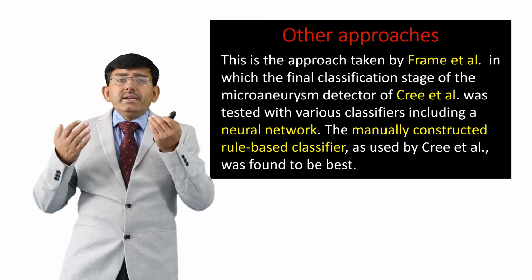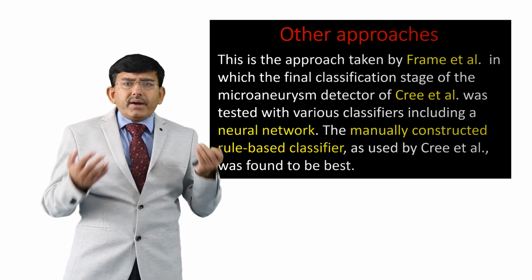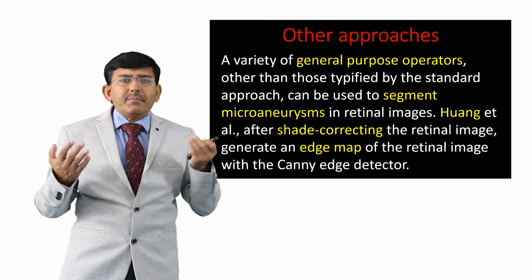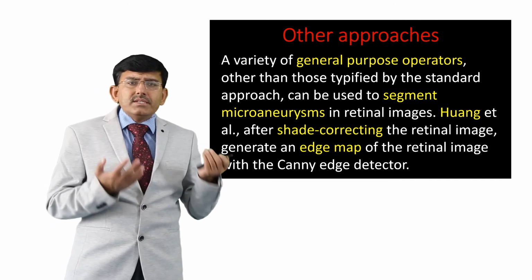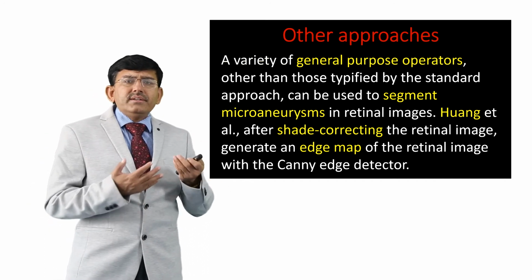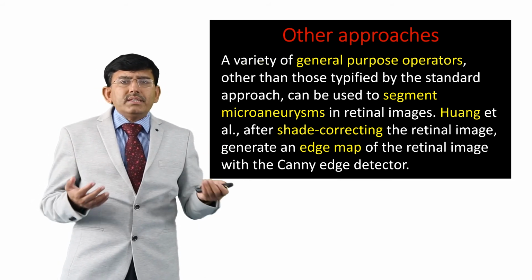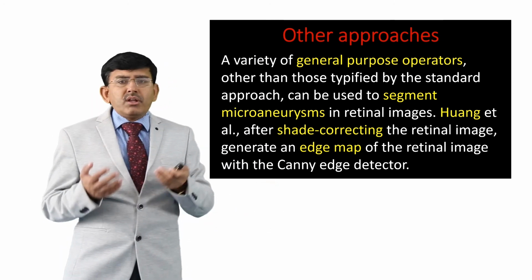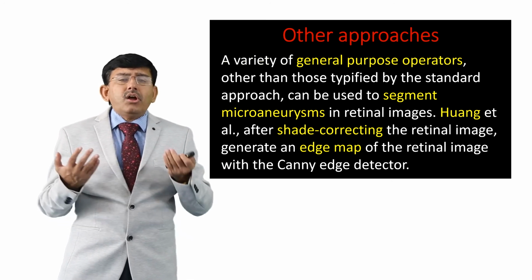A variety of general purpose operators other than those typified by the standard approach can be used to segment microaneurysms in retinal images. Hong and his group, after shade correcting the retinal image, generate an edge map of the retinal image with the Canny edge detector operator, which is one of the most significant edge segmentation operators.